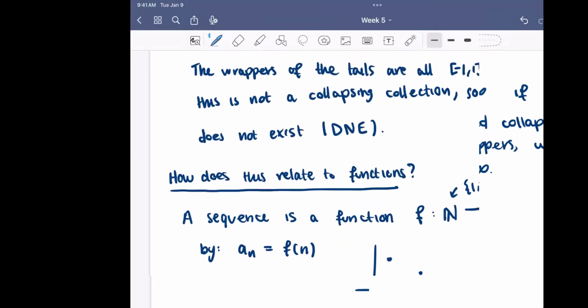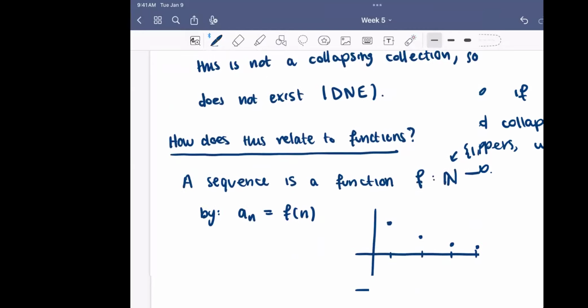And with this setup, the wrappers of the tails are actually the wrappers of the f images of the standard collapsing collection for infinity. So secretly, we're doing the same thing that we were doing with limits of functions. Yeah, I'll write that down.